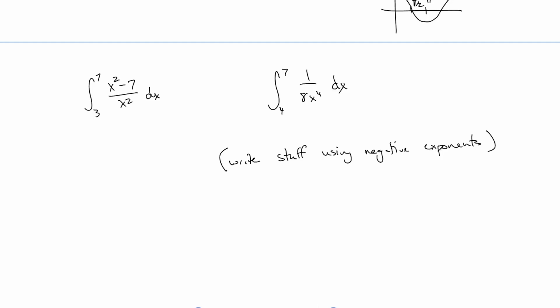It looks like you're trying to just do the top and also do the bottom. You can't do that in a fraction. So you should rewrite using a negative exponent. This x squared you can write instead as x minus 2.